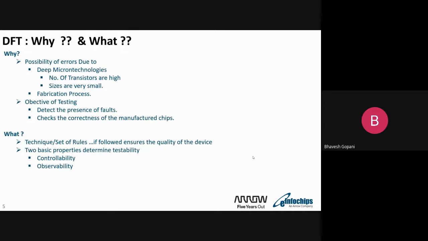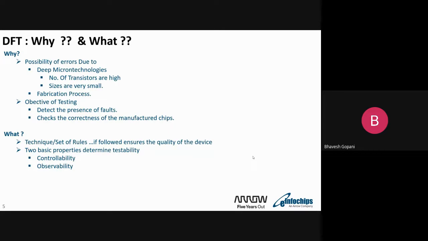One is controllability and the other is observability. What do we mean by controllability? Controllability means how easily we can cover certain nodes in the design. We have n number of gates. Nowadays the chip I'm working on has 45 million registers, and we can say 10 or 15 times that many logic gates.